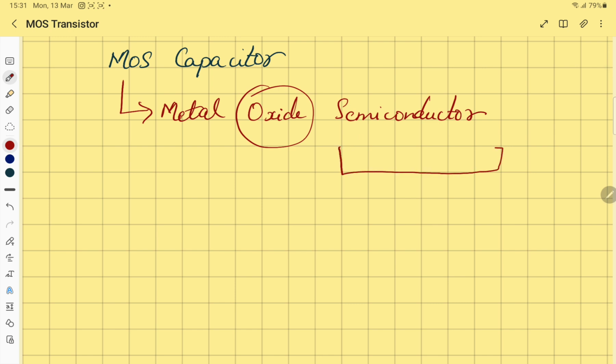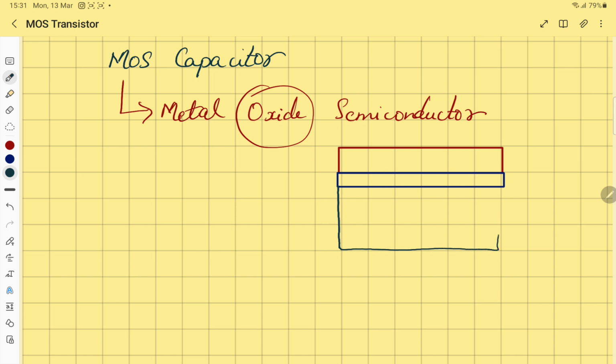So let's say this is a metal layer, this is a very thin oxide layer, and then there is a third, bigger semiconductor layer, all stacked on top of each other.